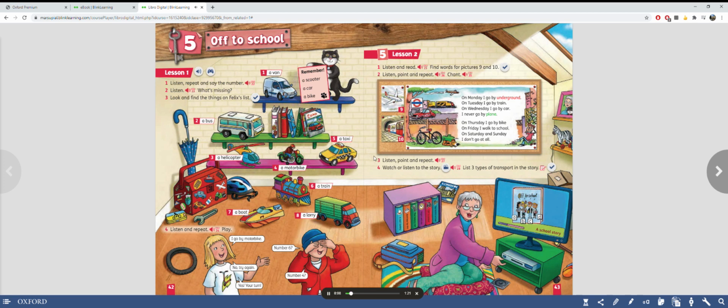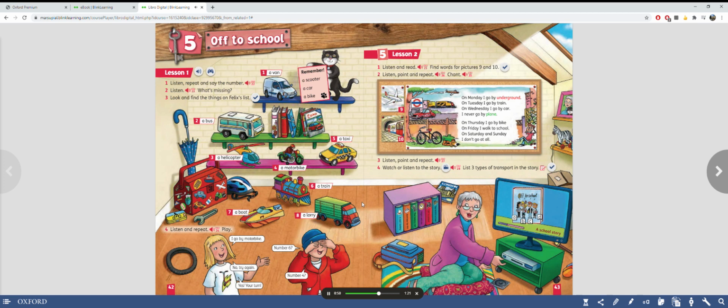1, a train, a van, a motorbike, a bus, a taxi, a helicopter, a boat. What's missing? A lorry. 2, a train, a bus, a motorbike, a van, a helicopter, a boat, a lorry.